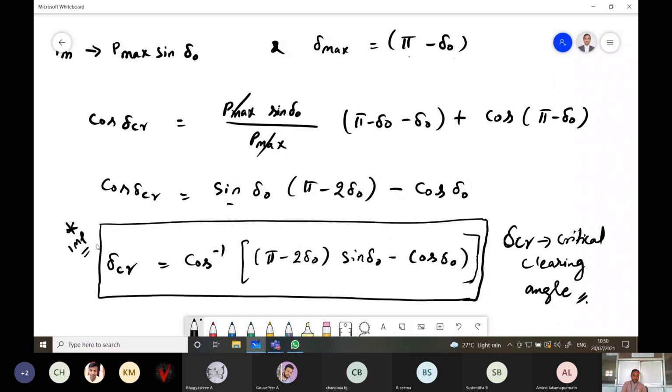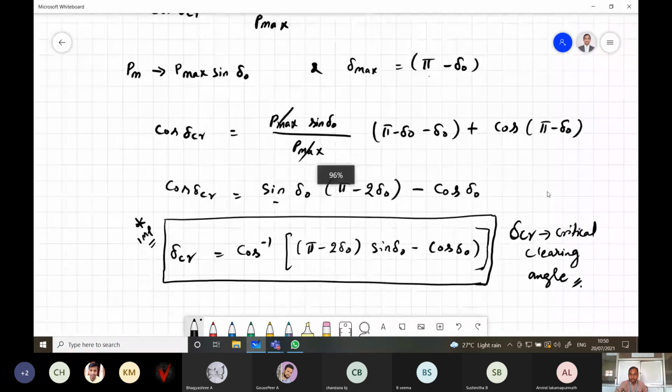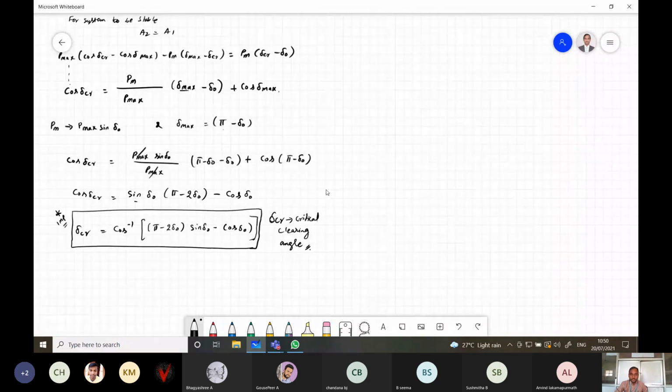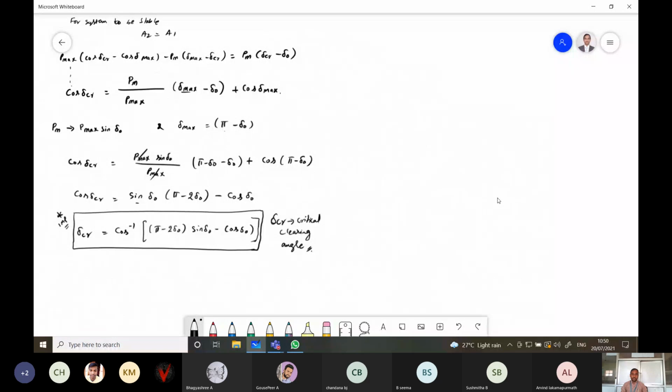So during the time period when the fault persists, according to the swing equation, what is your swing equation? M into d square delta by dt square is equal to Pm minus Pe. Here Pe will become 0, which means this becomes Pm.